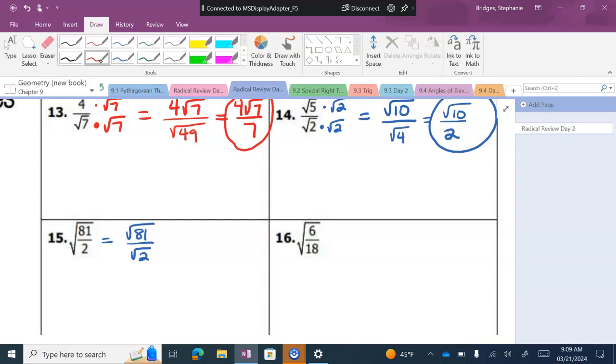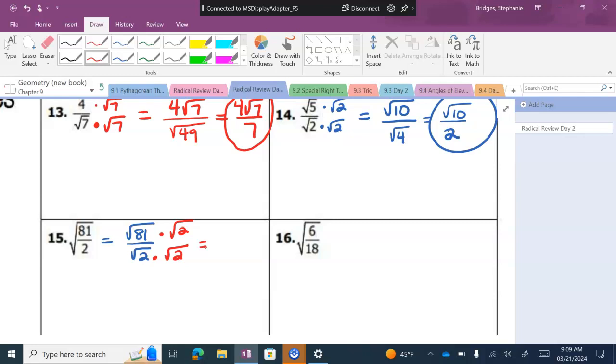It depends on how familiar you are with your perfect squares and what you see before we begin. So I'm going to do it the first way that Zion said, where we're going to just multiply the top and the bottom by the square root of 2. Okay, I'm going to show you how we get the same answer either way. I'm not telling you one way is better than the other. It depends on what you see when you look at the problem.